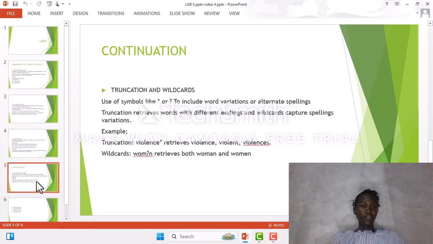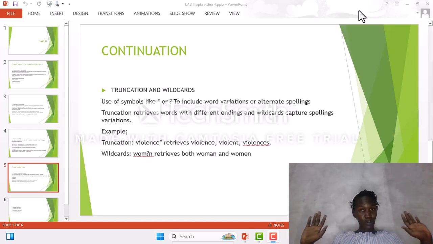Then, in continuation of this, we have truncation and wildcards. Use of symbols like asterisk or question mark to include word variations or alternate spellings. Truncation also retrieves words with different endings, and wildcards capture spelling variations.